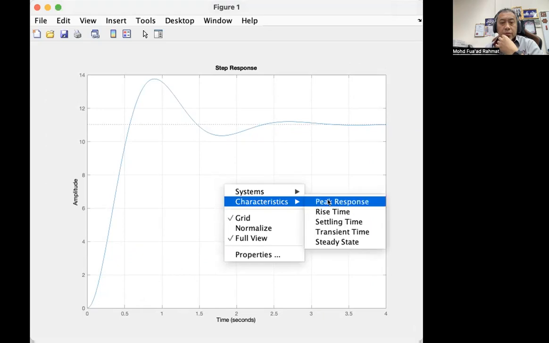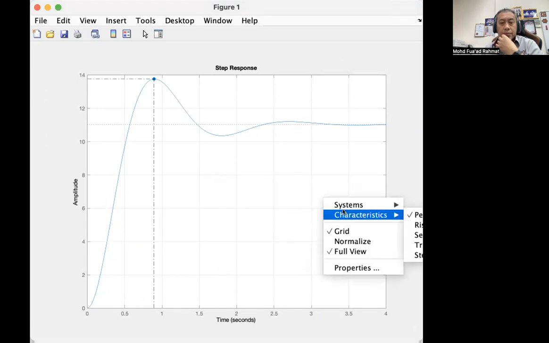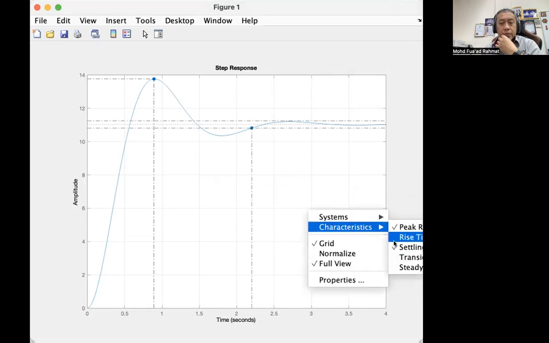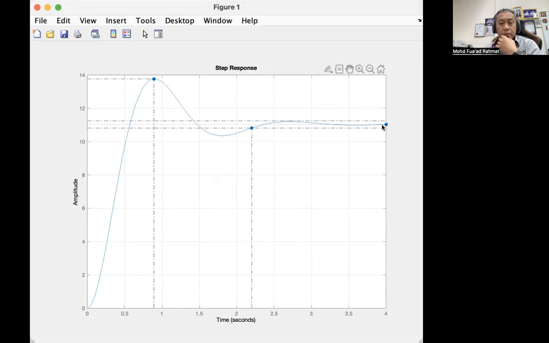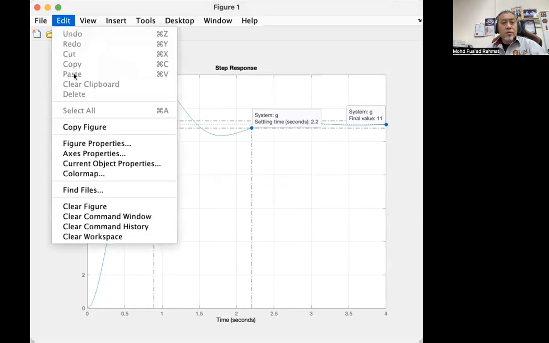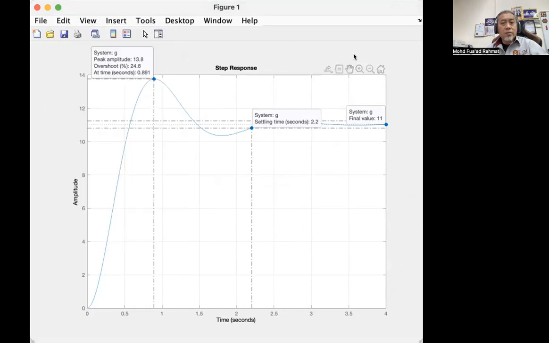You can see the characteristics: the peak response, the rise time, settling time, and the steady state, which is 11. Your settling time is 2.2, and your peak time is 0.891. So more or less equal to the one in the slides.